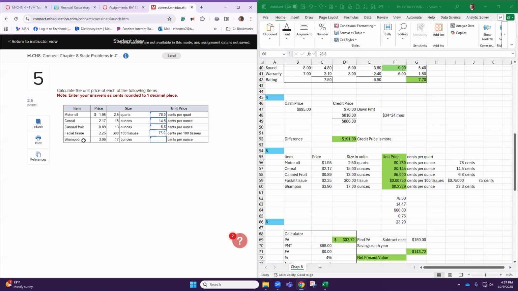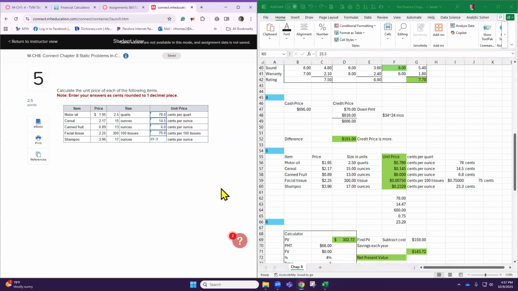The last one is shampoo that costs $3.96. It has 17 ounces. Turns out that the shampoo is 29.2329 cents per ounce. Okay, we're going to round that up to 23.3 cents an ounce.